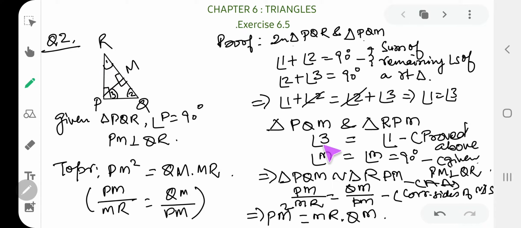So angle 3 is equal to angle 1. And angle M of this triangle is equal to angle M of this triangle. So both M angles are equal to 90 degree. Therefore, two angles of this triangle are equal to two angles of the other triangle. So we can say that the triangles are similar by AA similarity.